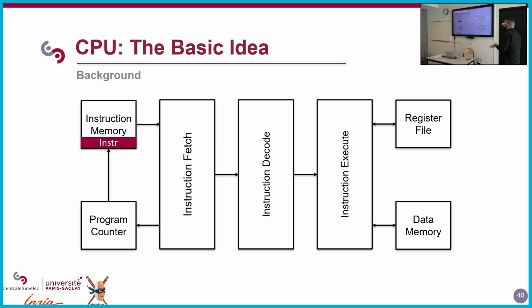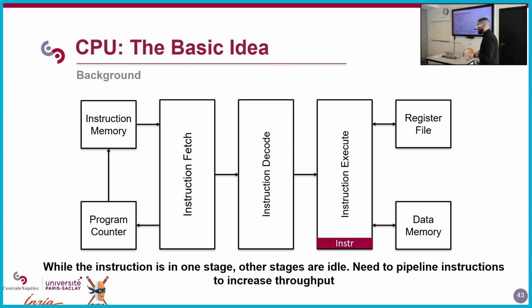A very quick overview regarding the CPU. We have the instructions in the instruction memory, and they have to be fetched, then decoded, and finally executed. But come on, we have a pipeline. We can improve.